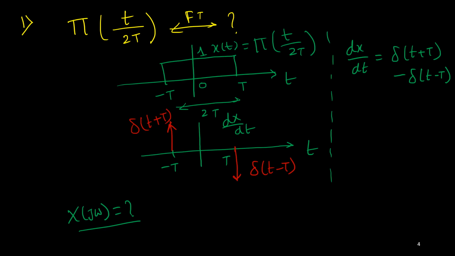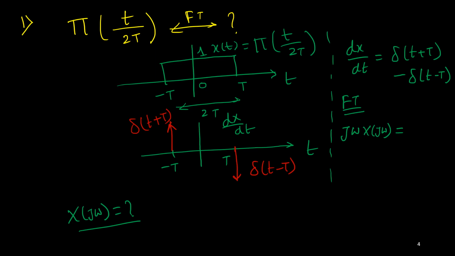Okay. Now we'll use the differentiation property here. If you take the Fourier transform on both sides, the left side by the property is j omega times capital X of j omega. And on the right hand side, delta of t plus T is a time shift, so you will have a phase shift there.